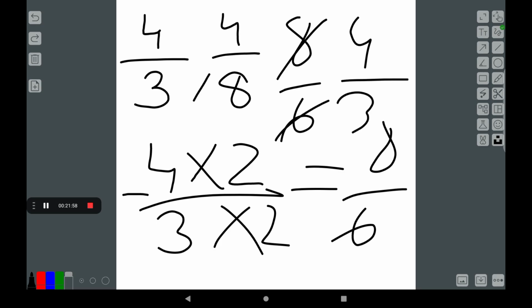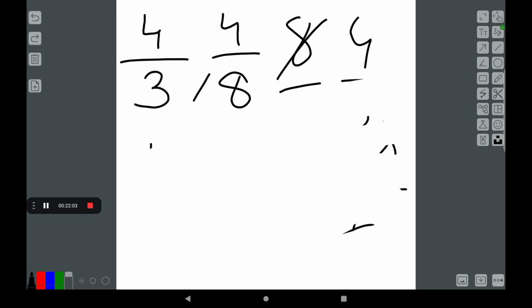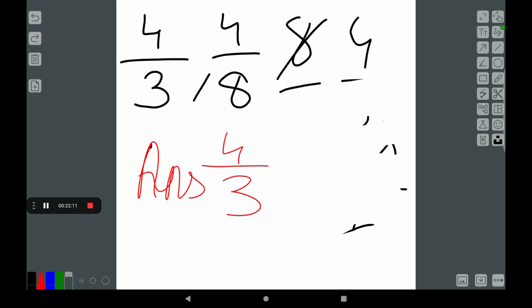So what is the final answer altogether? 4 upon 3. 4 upon 8. I didn't change 4 upon 8 as it was a like fraction already and I could not simplify. When you have to convert something, then only are you allowed to simplify, and not otherwise.